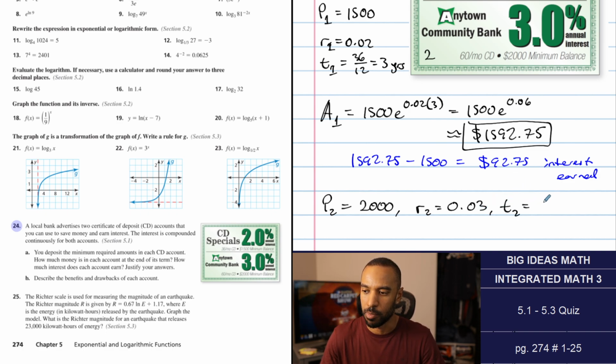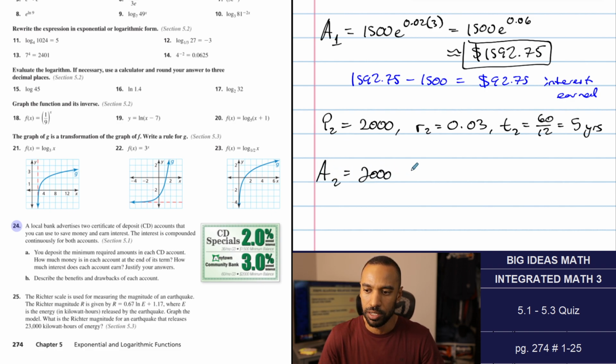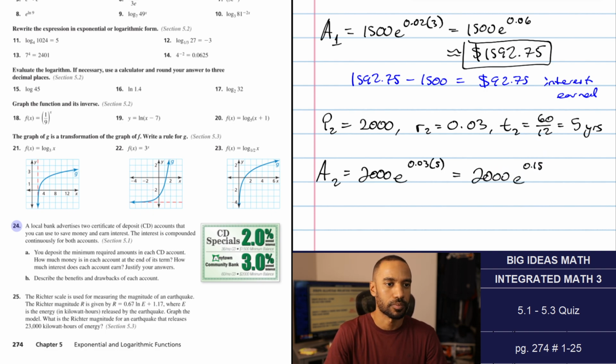Time is 60 months. 60 months divided by 12 is 5 years. So A sub 2 equals 2,000 times E raised to the 0.03 times 5 power, or simplified, 2,000 times E to the 0.15 power.